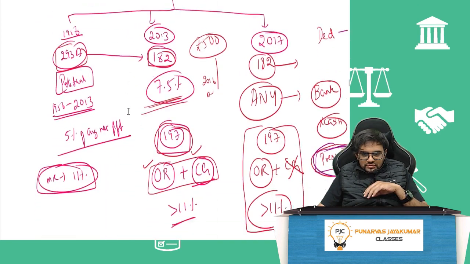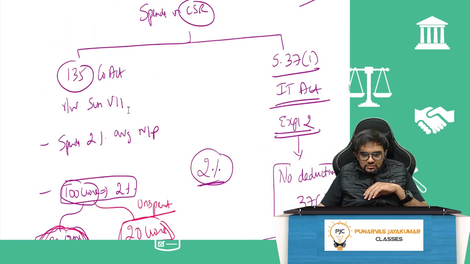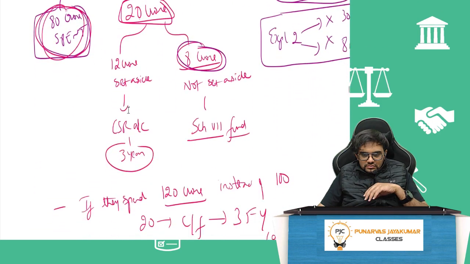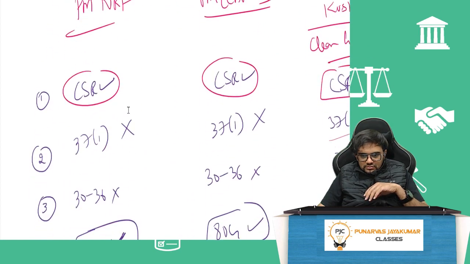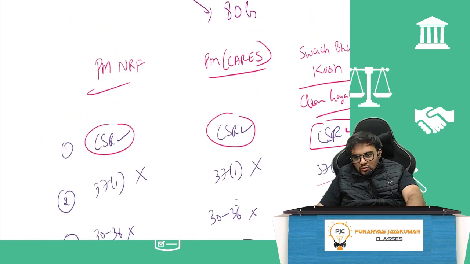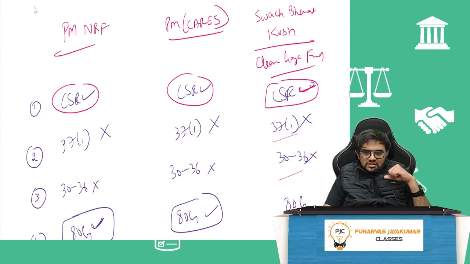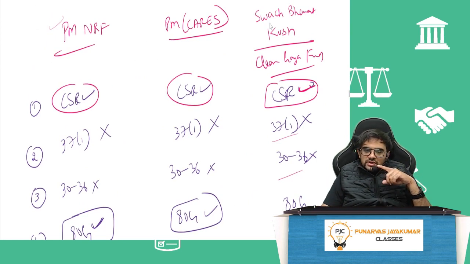So if you see, what will overlap, I'll tell you. One is the PM National Relief Fund, PM Cares Fund, and the Swachh Bharat Kosh and Clean Ganga Fund. All of these can be used in CSR.